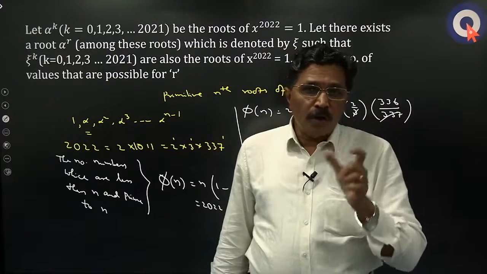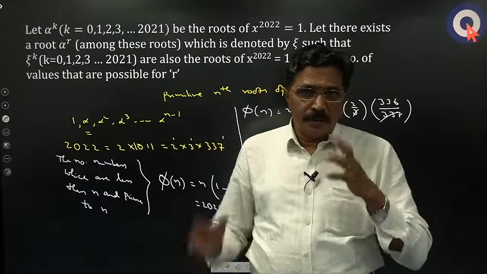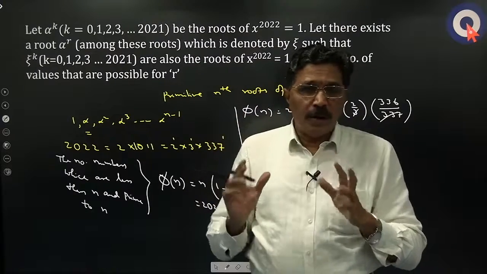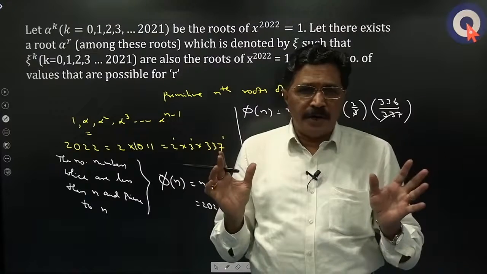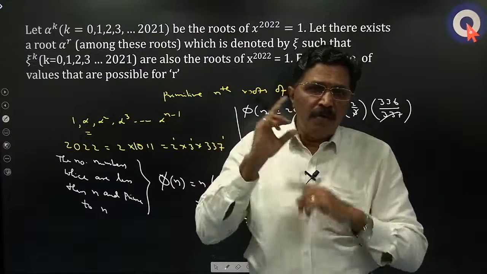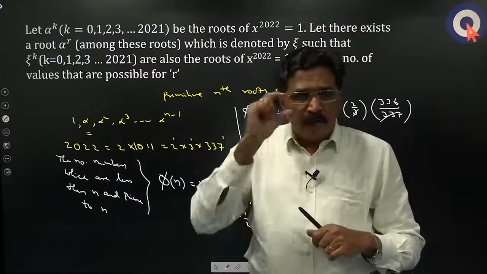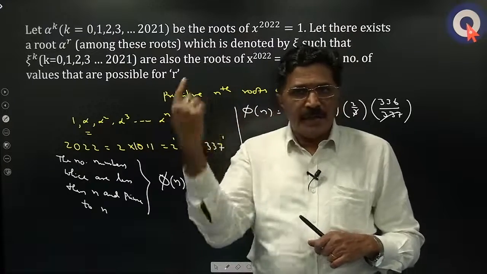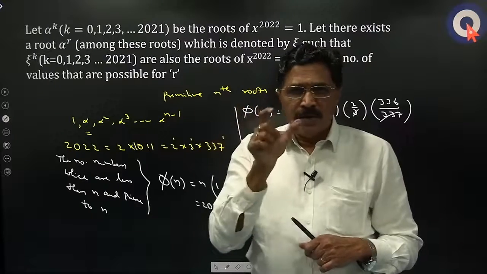So alpha power k, where k is equal to those values, are all primitive nth roots of unity, meaning they all behave like alpha itself. Each one of them, if you square them, cube them, raise it to the power 4, they can generate all the other roots.